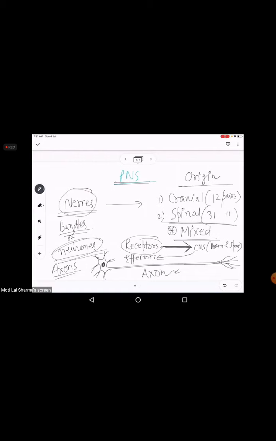They have generated impulses, and those impulses are passed on from receptors to your sensory neurons. Then sensory neurons transmit impulses to your brain or to your spine, and processing of that sensory input happens.